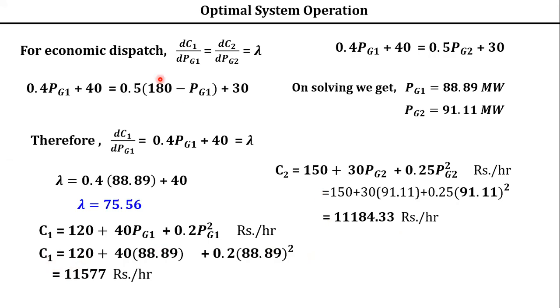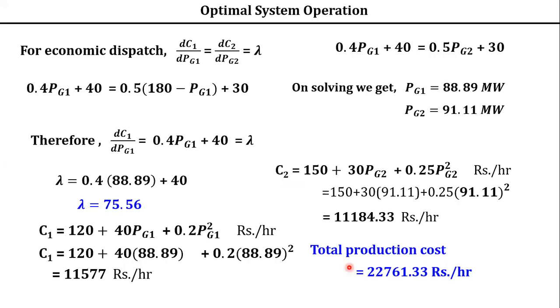With those values, now what is the total production cost? You have to sum up all the plant costs. That means total production cost is equal to C1 plus C2. As per my values I am showing it, but as per your values you add it.